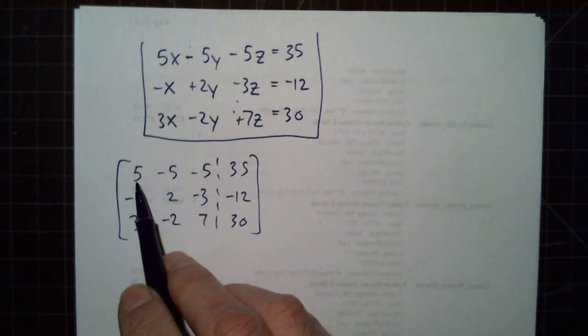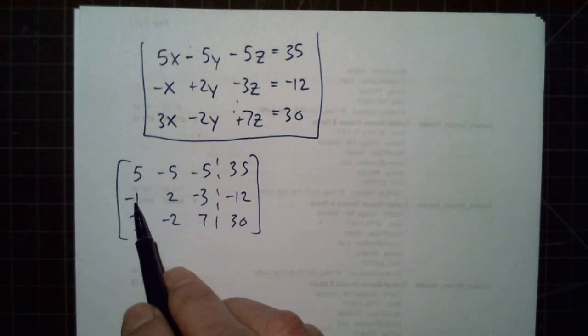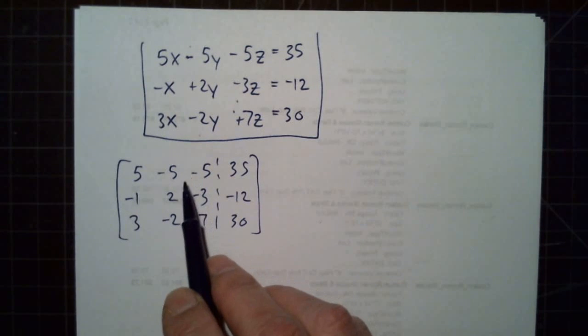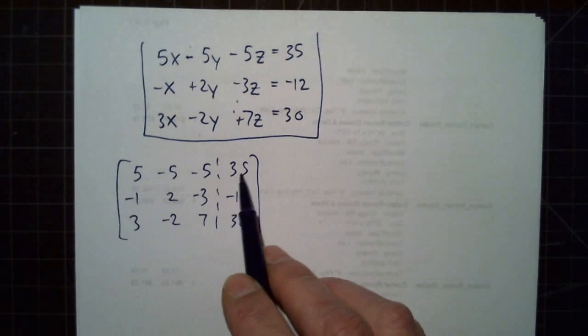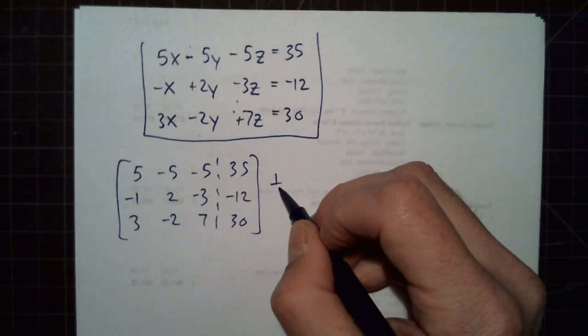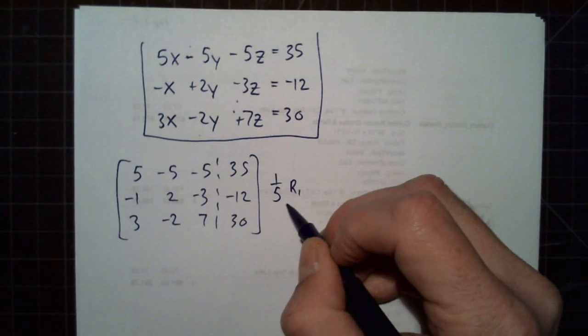We need that to be a 1. And we could switch this row to the top, or we can just multiply by 1/5 because we're not going to get any fractions there. So 1/5 row 1.